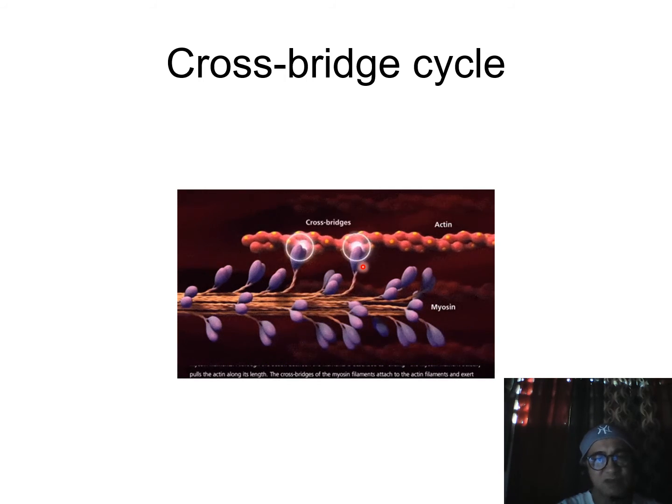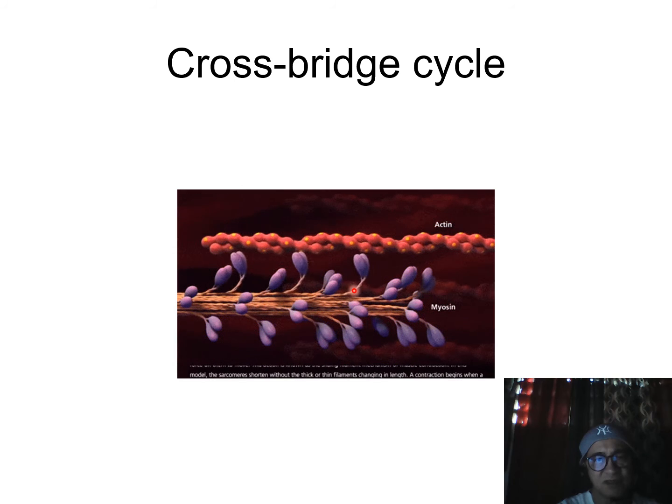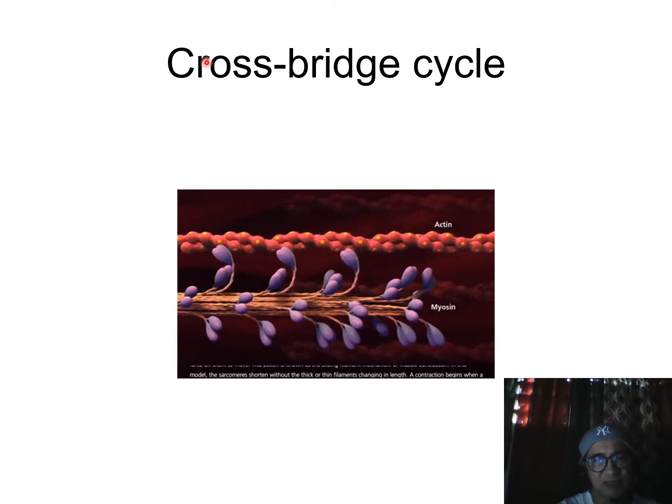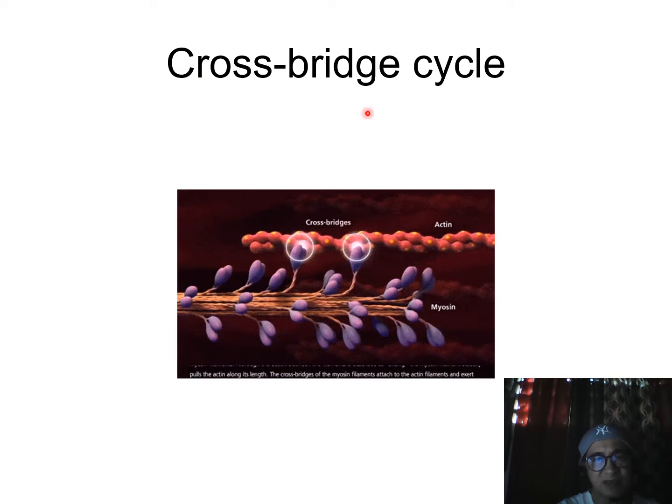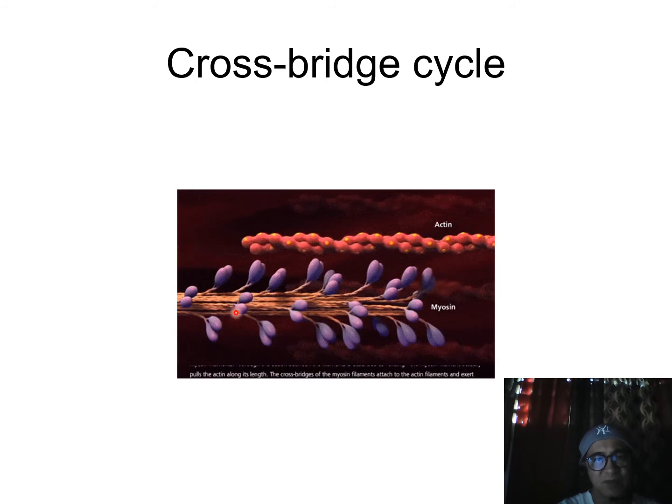This attachment, swiveling, and detachment of the myosin head to the actin filament is what we call the cross-bridge cycle, and it is repeated 100 times during muscle contraction, which effectively pulls the actin filament to the middle of the A band along the myosin filaments.